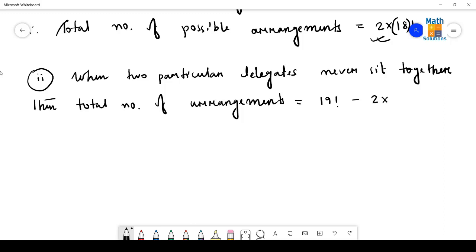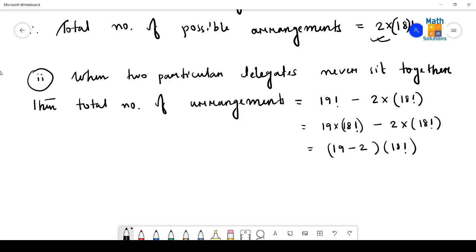It will be 2 into 18 factorial. So here I get 19 into 18 factorial, and in this case again 2 into 18 factorial. From these two parts I can take 18 factorial common, and within the bracket 19 minus 2. So I get 17 into 18 factorial as the answer for this second question.